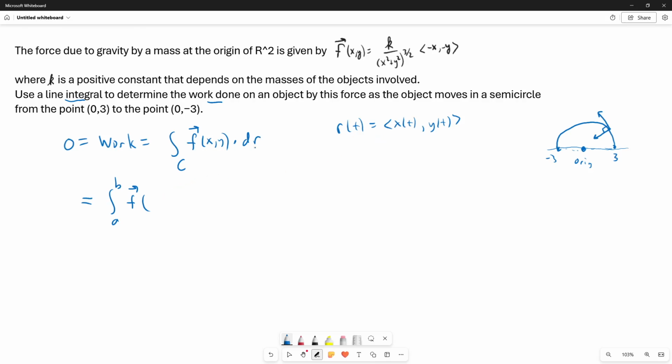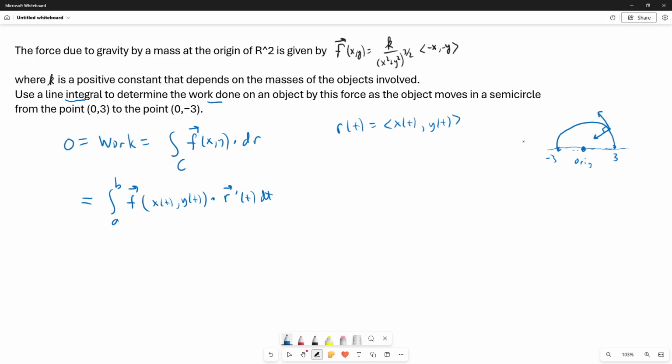And then for x and y here, we'll put in x of t and y of t, whatever they turn out to be. And then dot dr means dot the tangent vector dt, the tangent vector to the path C.